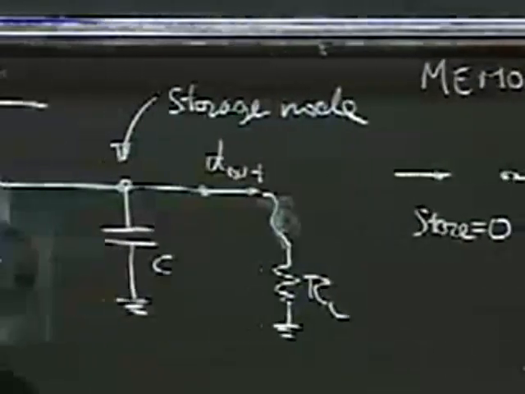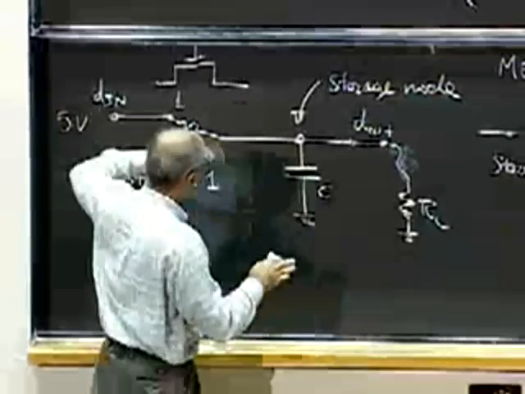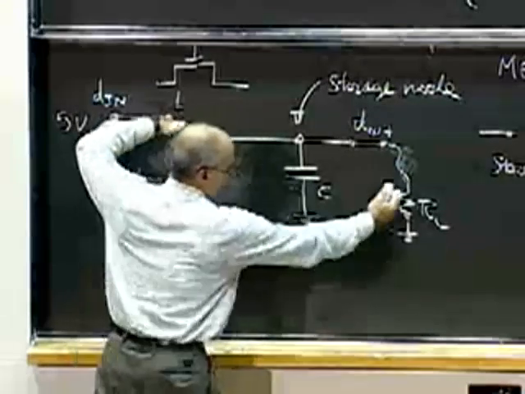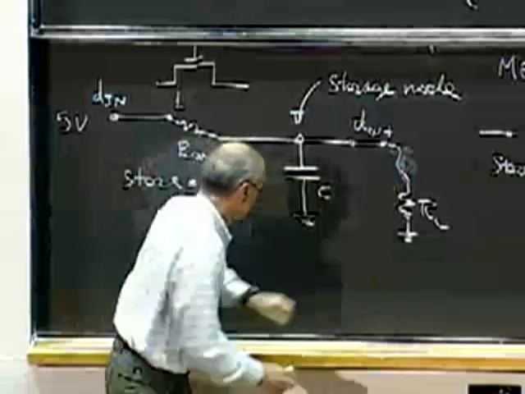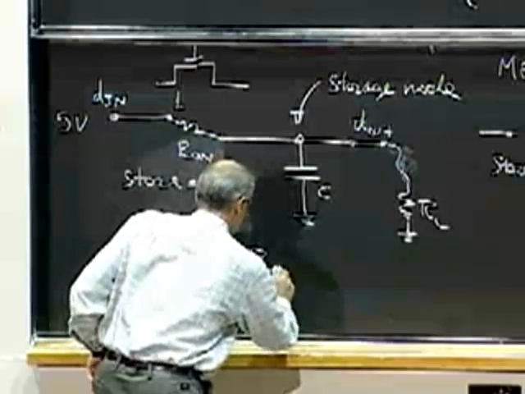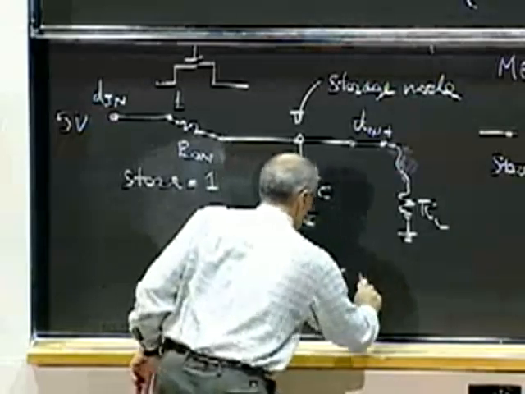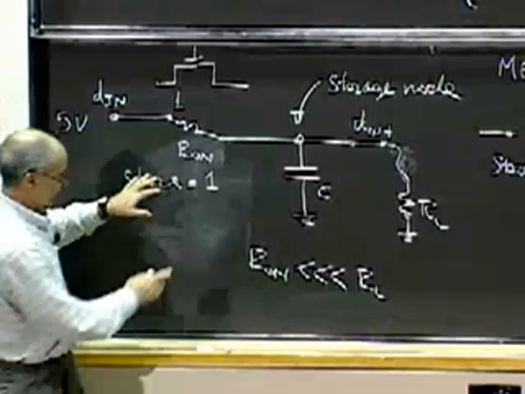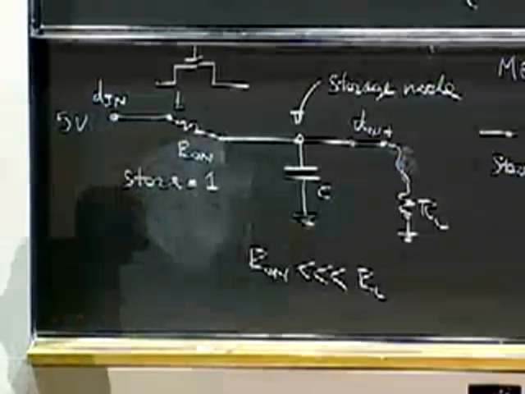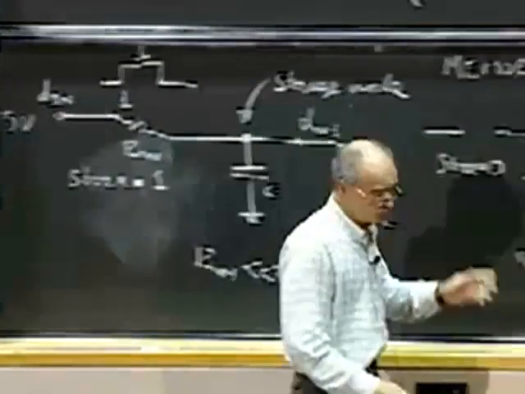And what is the relevant time constant? It's going to be the R on C. In fact, it's actually the R on in parallel with RL, with C, but typically R on is much, much less than RL, so we don't have to worry about that. The dominant time constant is R on C. So, provided these things are happening, we have a memory.